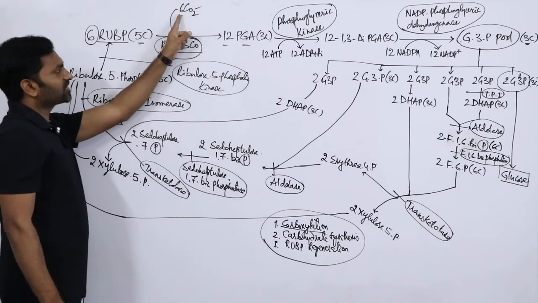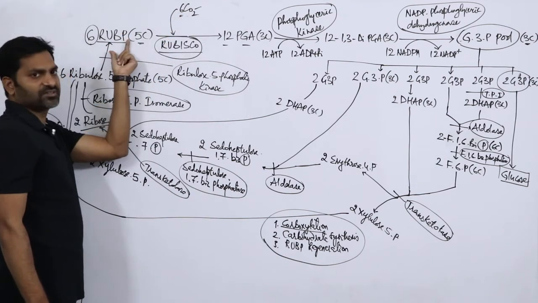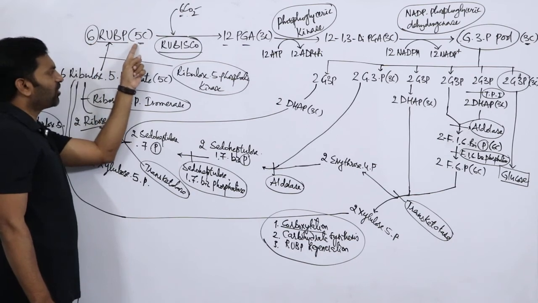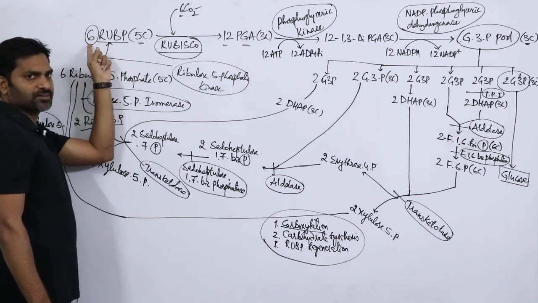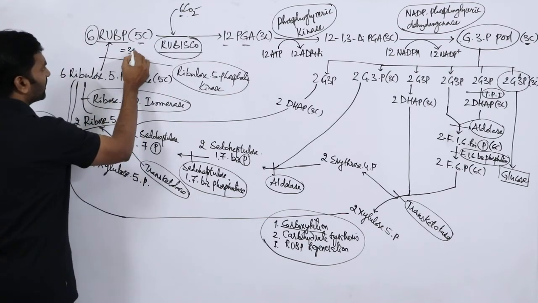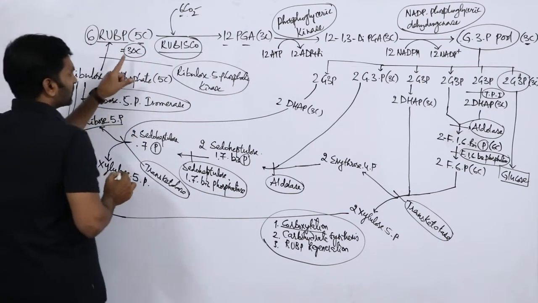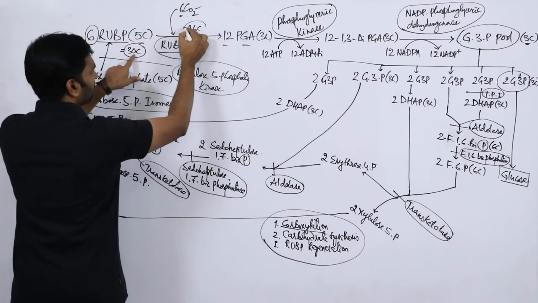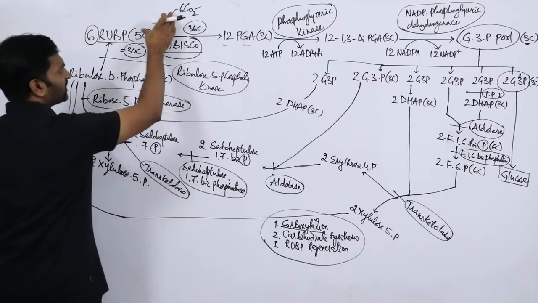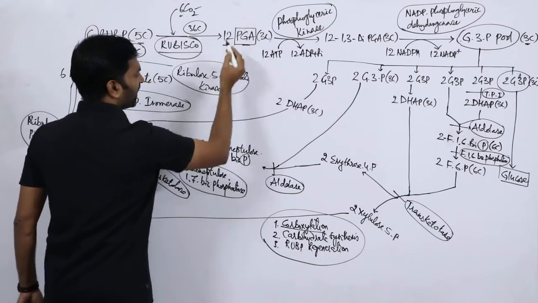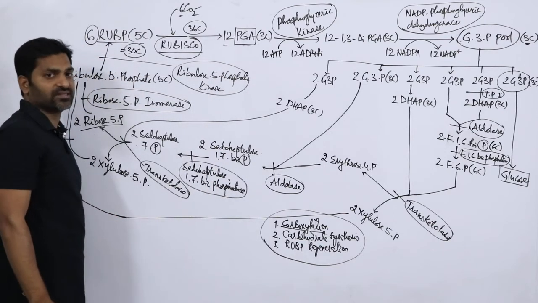RuBP has 5 carbons, 6 moles, so 6 into 5, 30 carbons, plus 6 carbons, that is 36 carbons. These 36 carbons combine together and form PGA, phosphoglyceric acid.